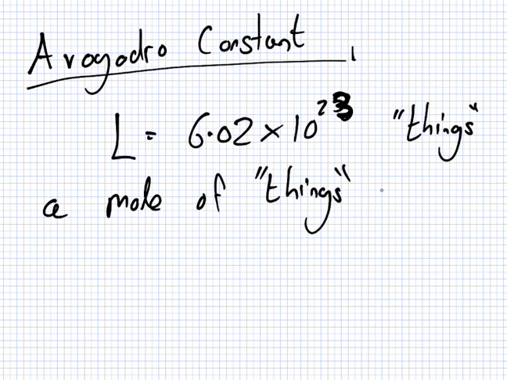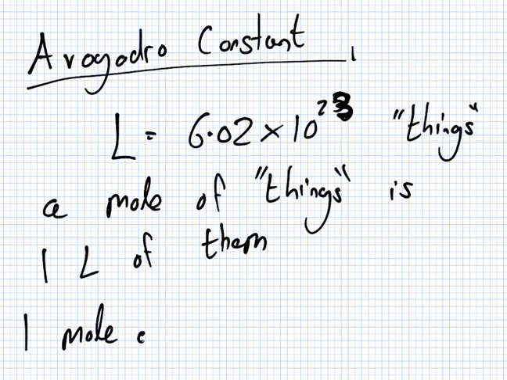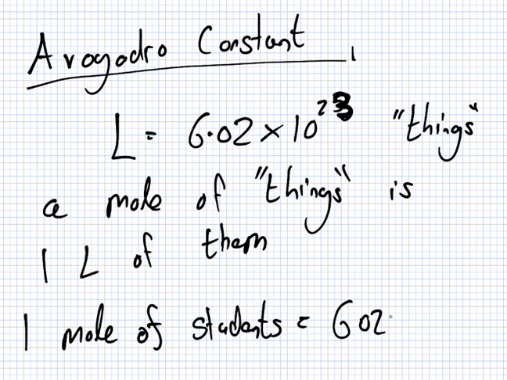A mole of things is 6.02 times 10 to the 23 of them. So like 1 mole of students would be 6.02 times 10 to the 23 students.